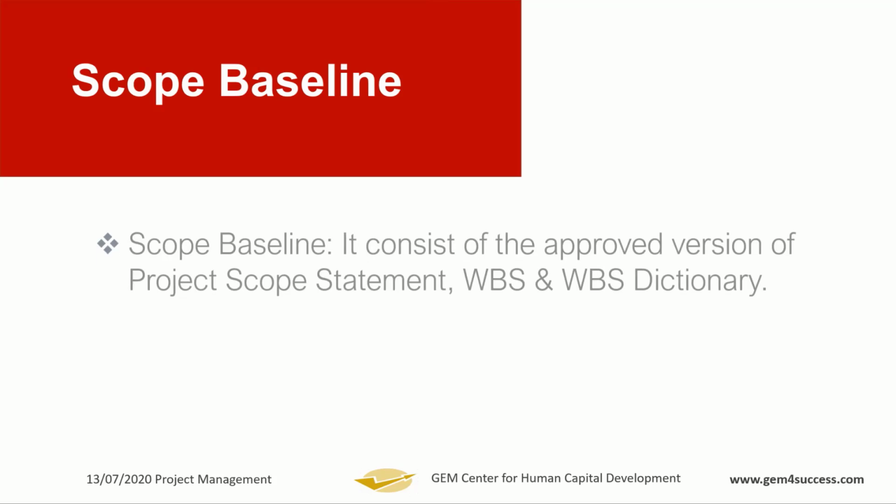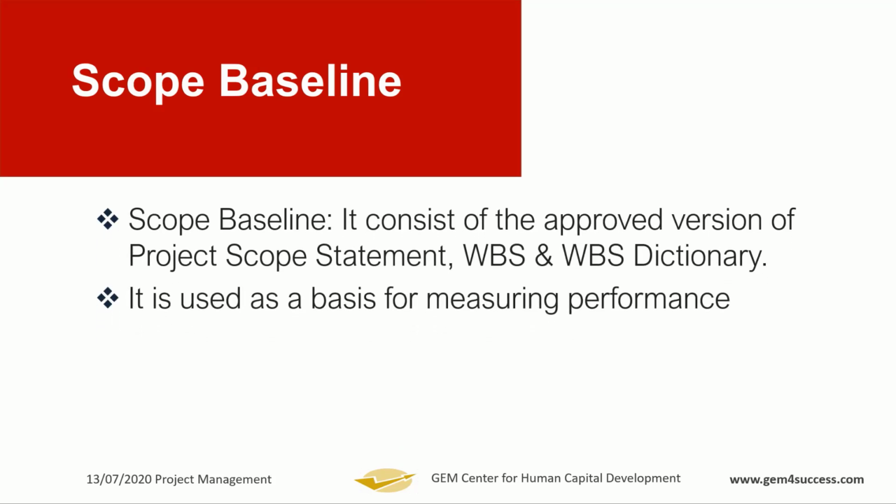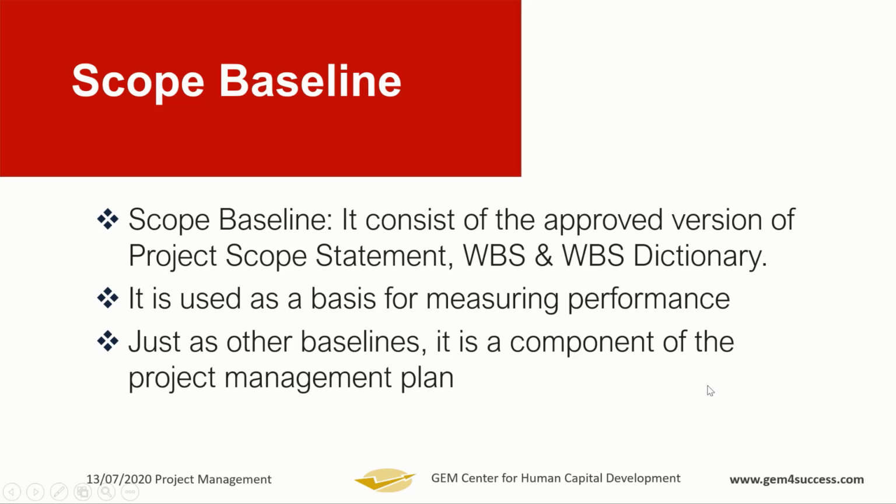Our scope baseline, as said earlier, consists of your project scope statement, your WBS, and your WBS dictionary. Just as every other baseline, it is used as a basis for measuring performance. It's a component of your project management plan.